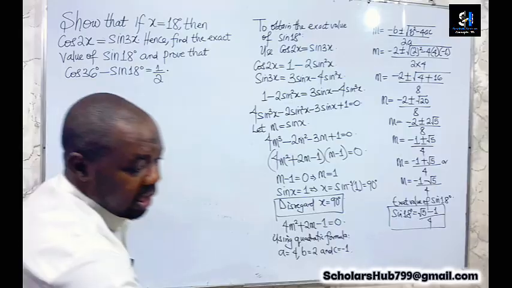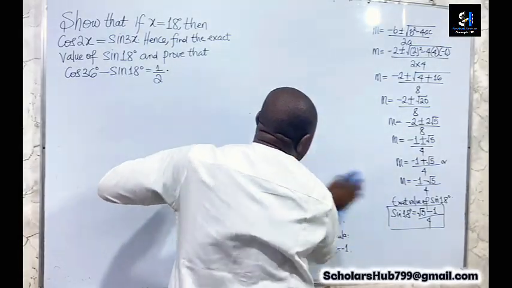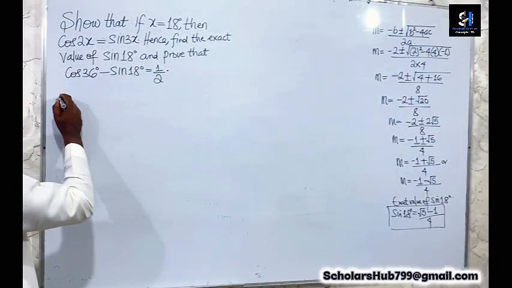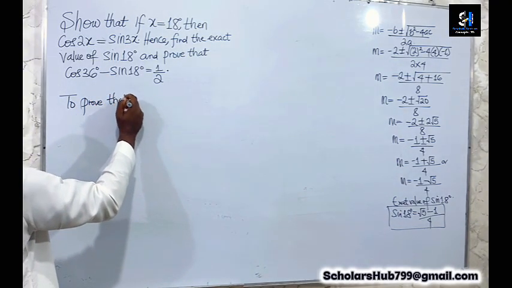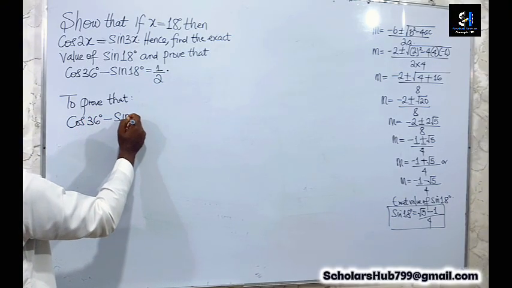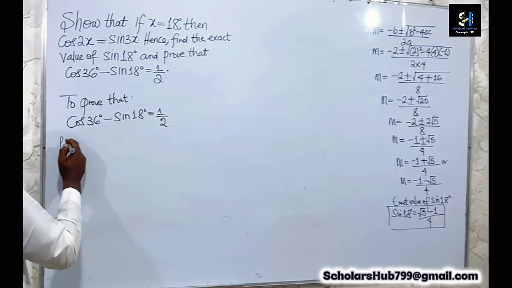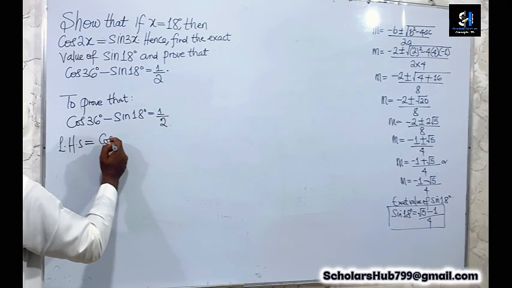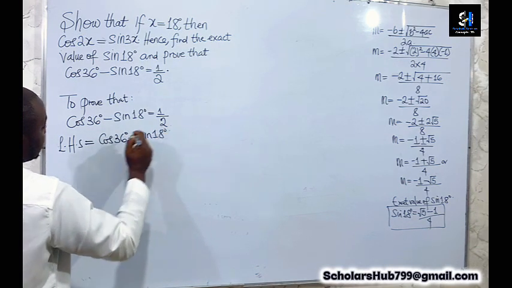So now we want to prove that cos 36 degrees minus sine 18 degrees is equal to 1/2. So we have the left hand side to be equal to cos 36 degrees minus sine 18 degrees.